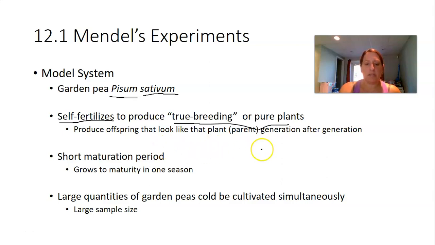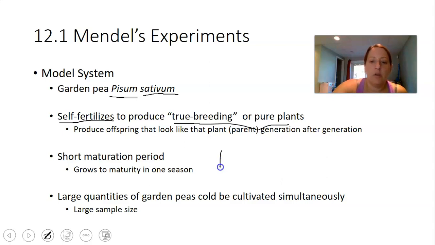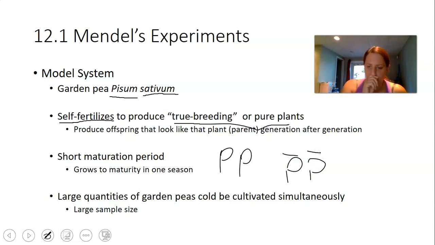We're going to cover this in the next slide, but let's say we're looking at flower color. True breeding pure plants, if they were producing purple flowers, they would be homozygous dominant, big P, big P. If they were true breeding pure white flower producing plants, they would be little p, little p. And I'm going to put a line over these p's.